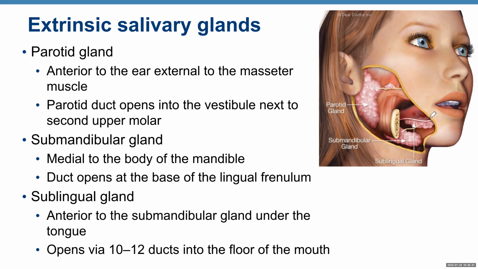That's the lingual frenulum. The sublingual gland is anterior to the submandibular gland, so that's sublingual, under the tongue, and opens via 10 to 12 ducts into the floor of the mouth.